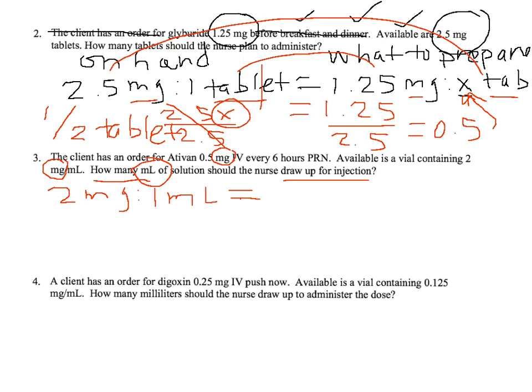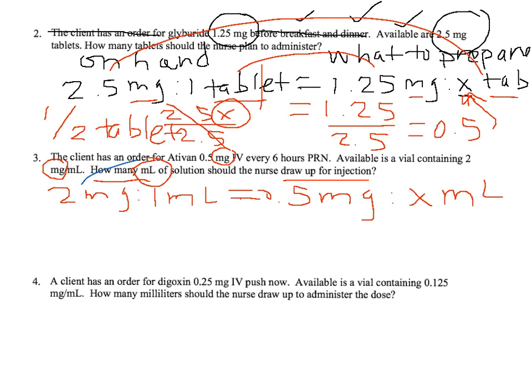And then on the right-hand side of the equation, we're going to write down what we need to prepare. And what we need to give is 0.5 milligrams, and we don't know how many milliliters that will be. So we're going to put X there for our unknown. All right? And then, remember, you want to multiply the outer components.